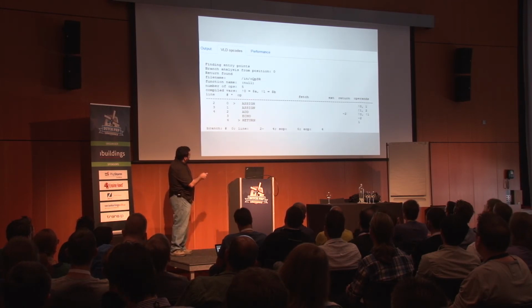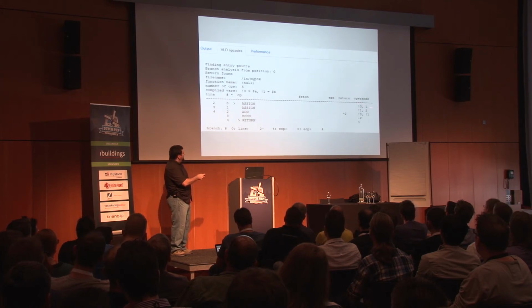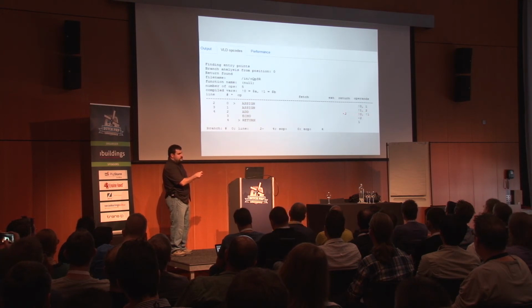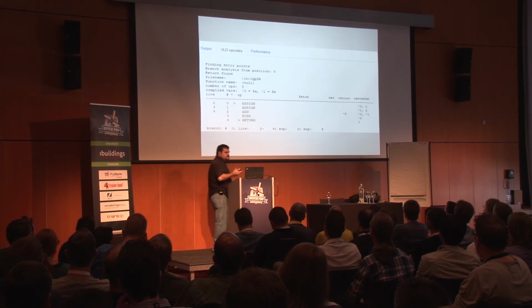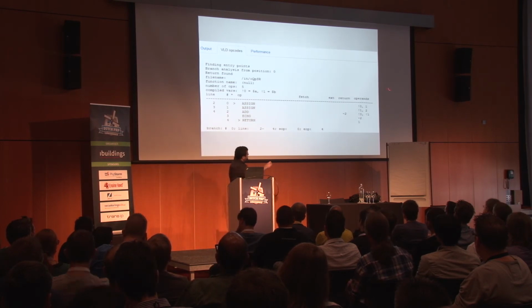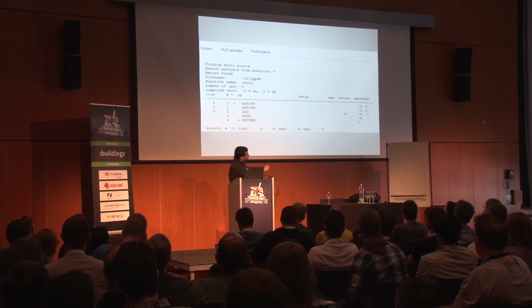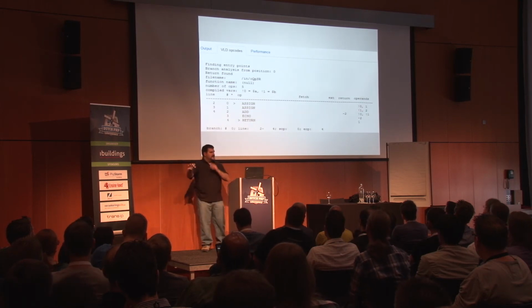So this says assign the first variable a value of 1, assign the second variable a value of 2, add 1 and 2, and return it into this third temporary variable, and then finally echo it out. Relatively simple. The only reason you don't see $a and $b here is PHP optimizes that out.